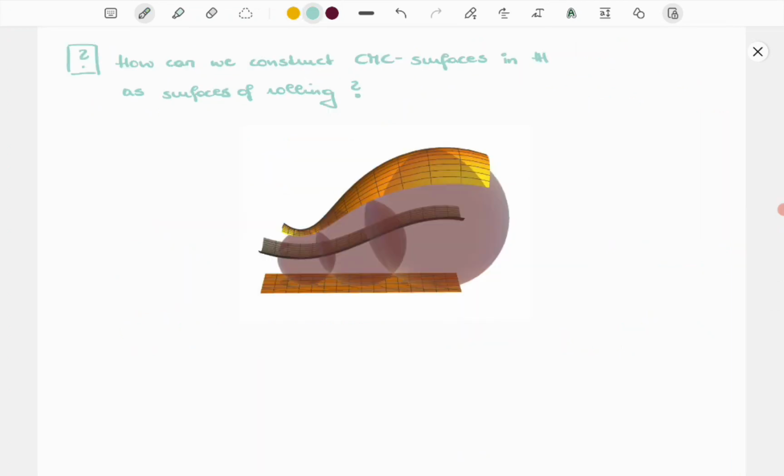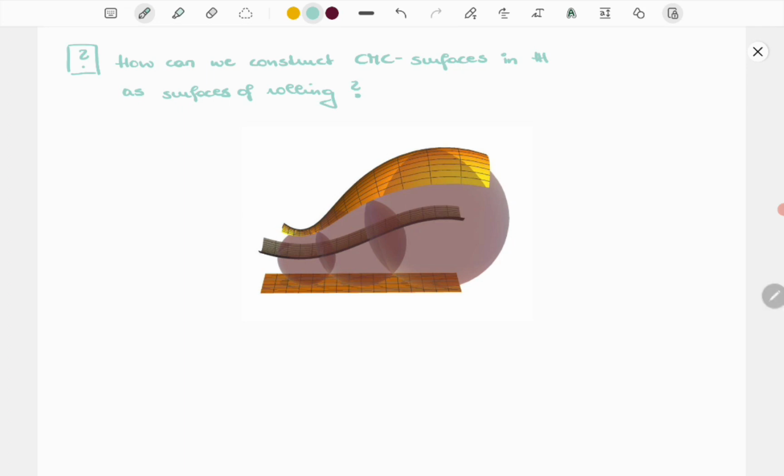After the theory about rolling of general surfaces, I now want to specify the CMC surfaces in hyperbolic space, and would like to give an explicit construction that yields those CMC surfaces as surfaces of rolling. And this construction will rely on the Darboux transformation discussed in the first part of this talk. So what was the story?